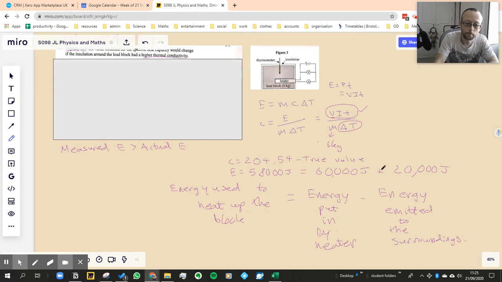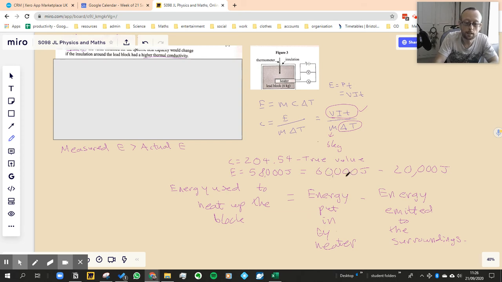Oh, that's wrong. Take away 20,000 joules. So this is the energy put in by the heater. I actually had to put in 60,000 joules, but this is the energy hypothetically lost into the surroundings. So now I think that's the true value.